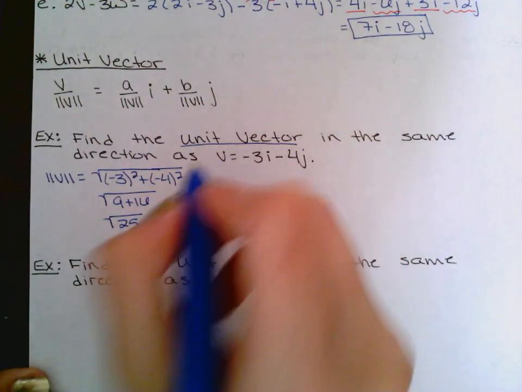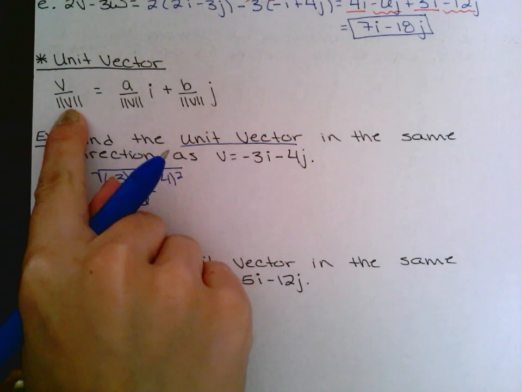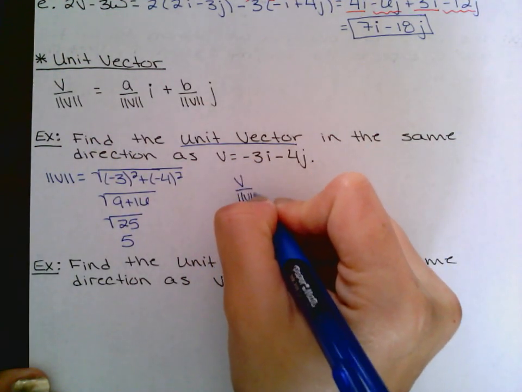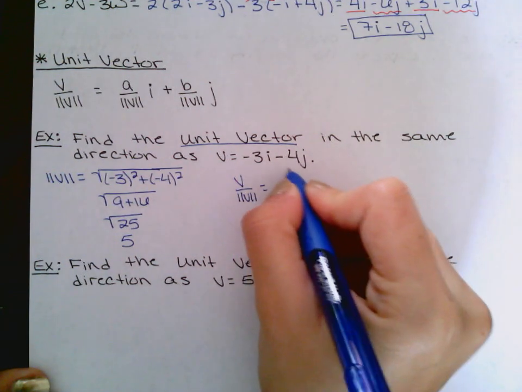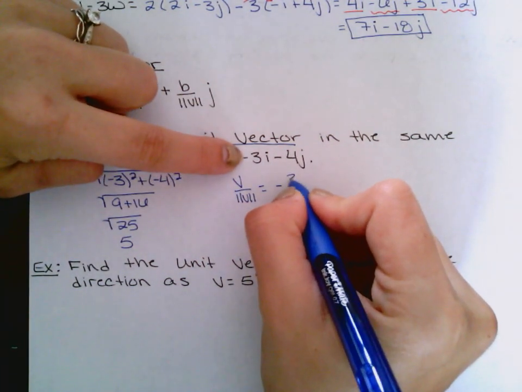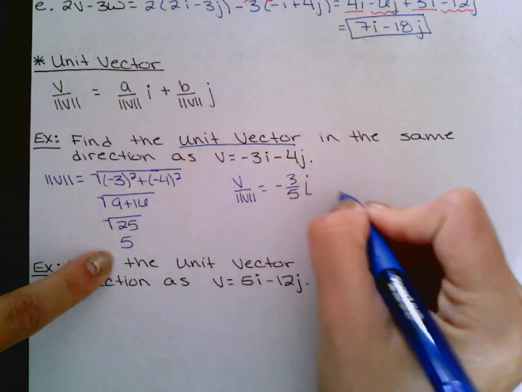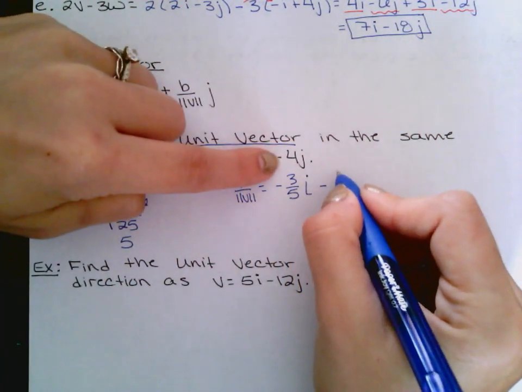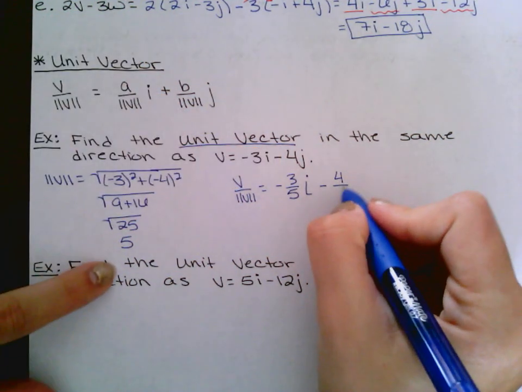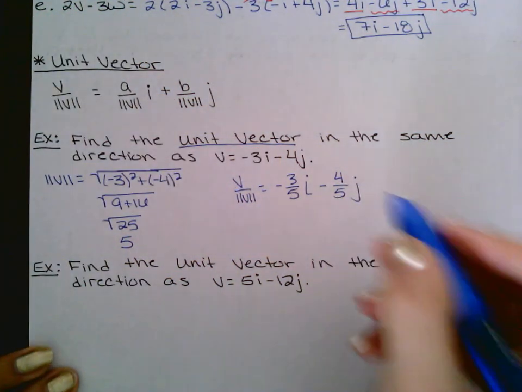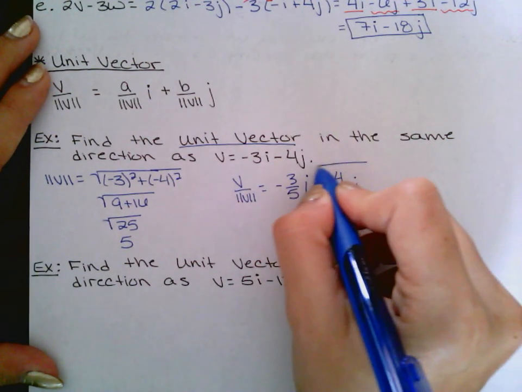So now I can say that my unit vector, and I write that notation like this, is equal to negative, I'm going to get the a value, negative 3 over 5 i, minus 4 over, right, I'm dividing by my magnitude, 5 j. And that is my answer.